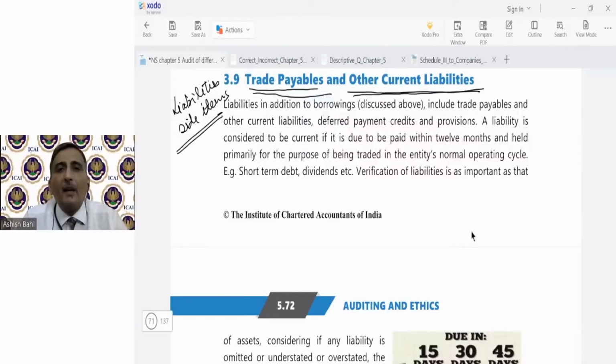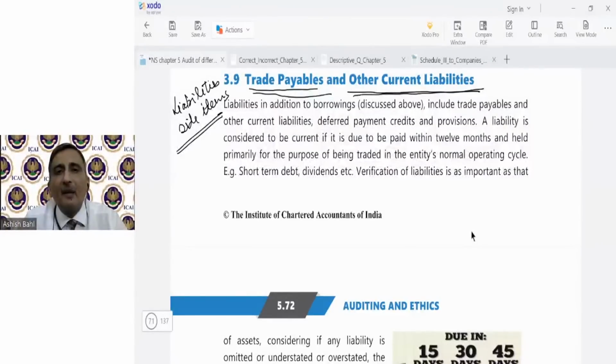So trade payables are generally reflected in current liabilities because they are expected to be paid within the company's operating cycle or within a period of 12 months.